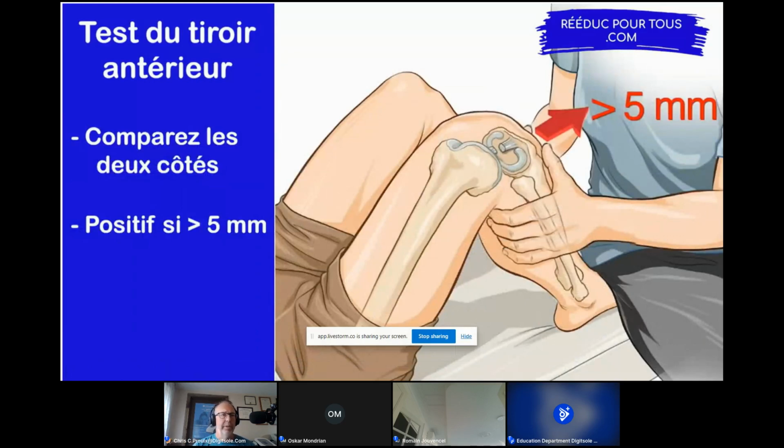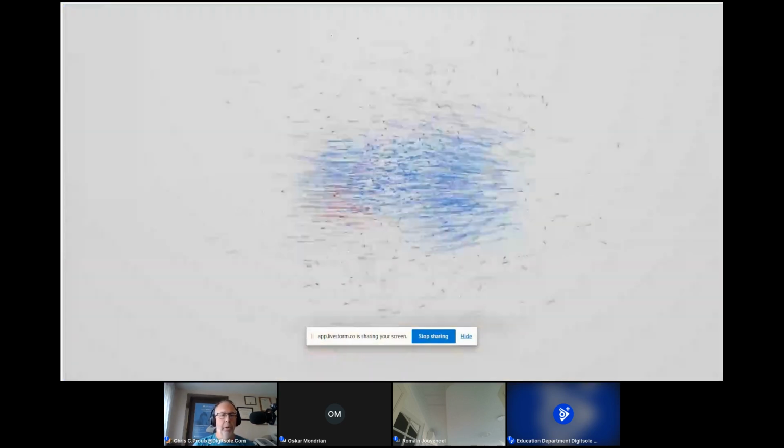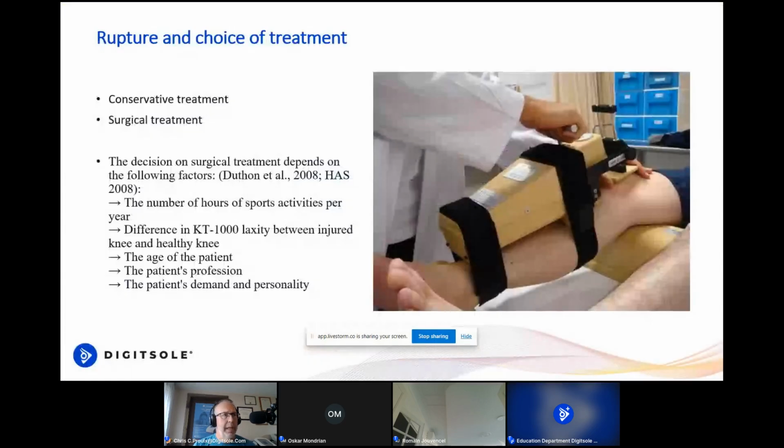So what happens is there's a lot of restriction because that knee joint is being held by the hamstrings. So the hamstring muscle group becomes much more active following this particular injury. So it's a little bit more challenging to determine whether or not that ligament has lost its overall integrity. But there are ways to look at that.